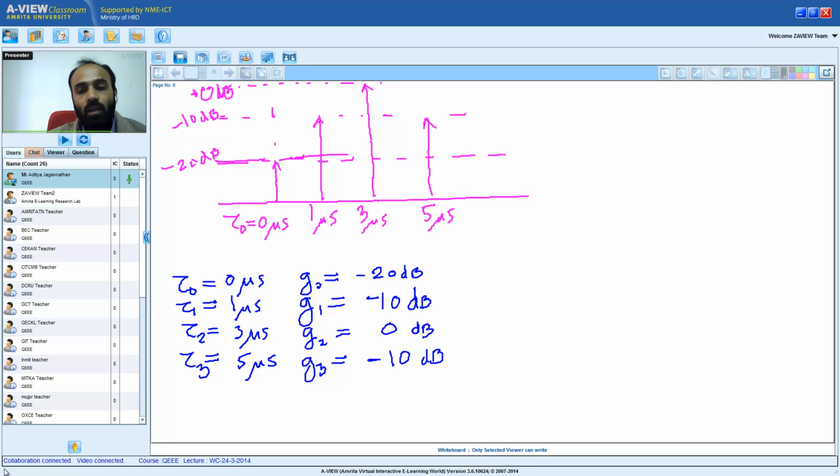Okay. So my power profile is as follows. Tau 0, the delay, is 0 microseconds.